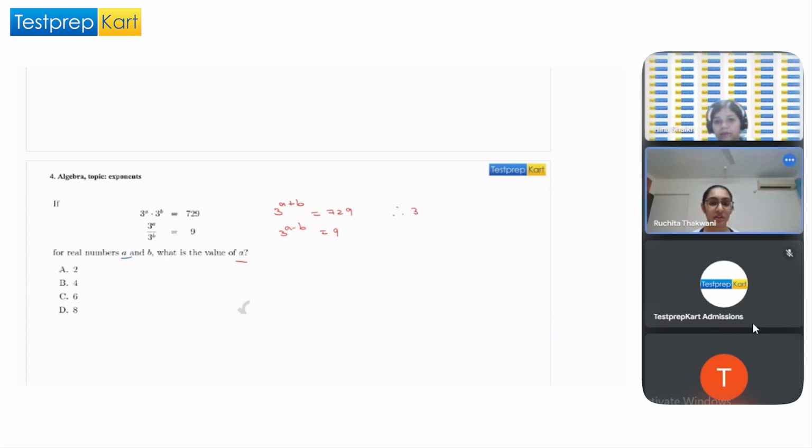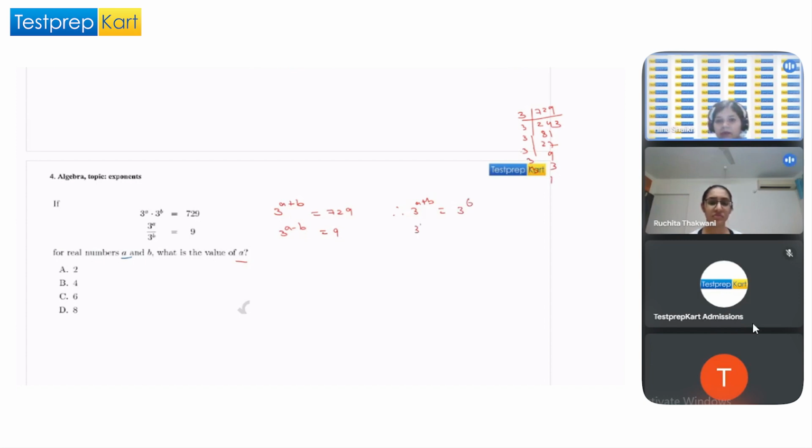So what will be 729 in terms of 3? If you don't know, we can take LCM of that. 3 2s are 6, 4s are 12, 243, then 3 8s are 24, then 27, then 9, then 3, then 1. So how many 3s are there? 6. I can write 3 raised to 6.